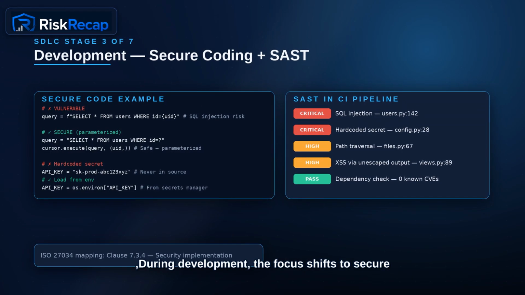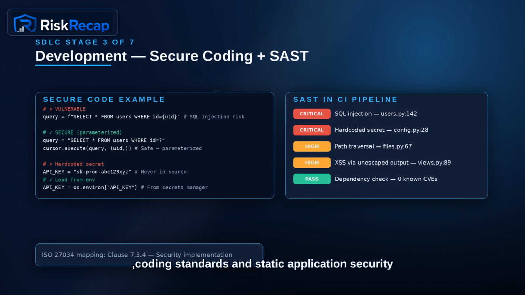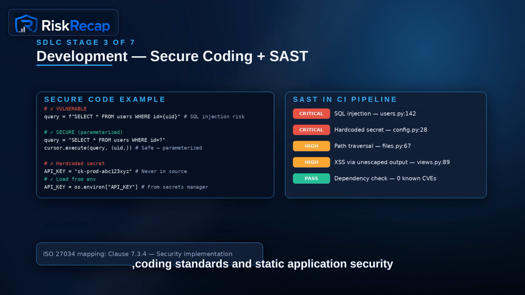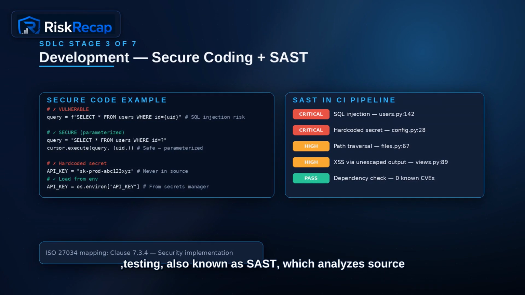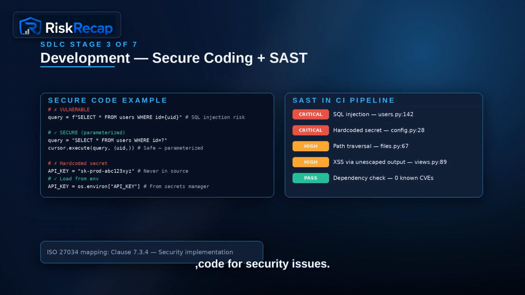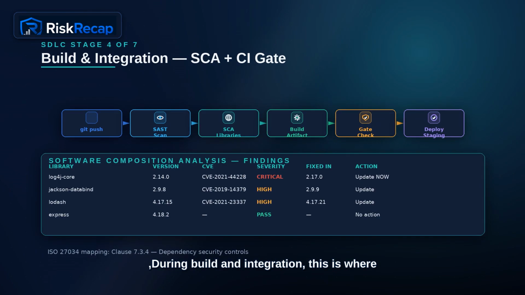During development, the focus shifts to secure coding standards and static application security testing, also known as SAST, which analyzes source code for security issues.